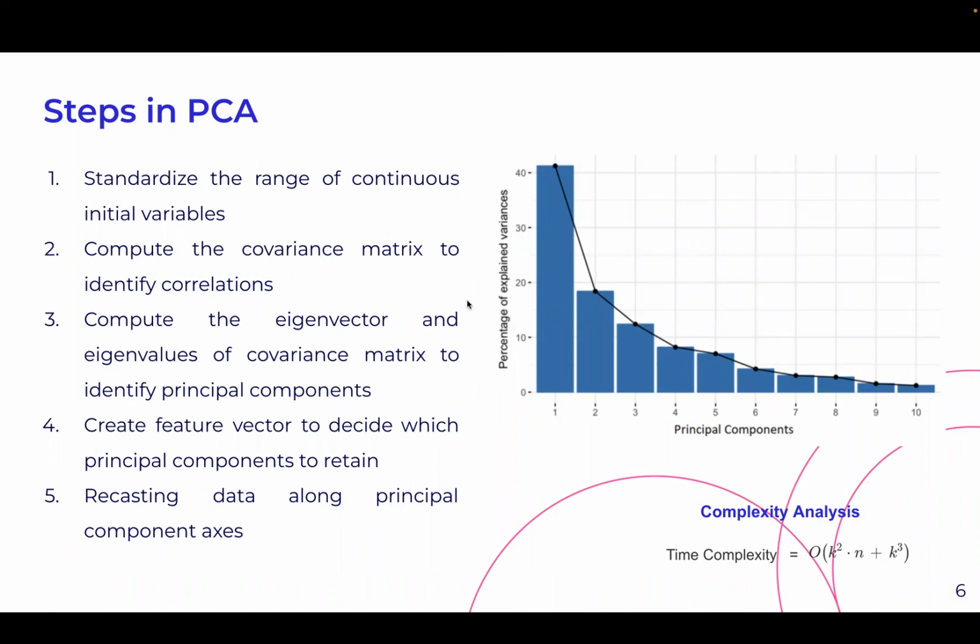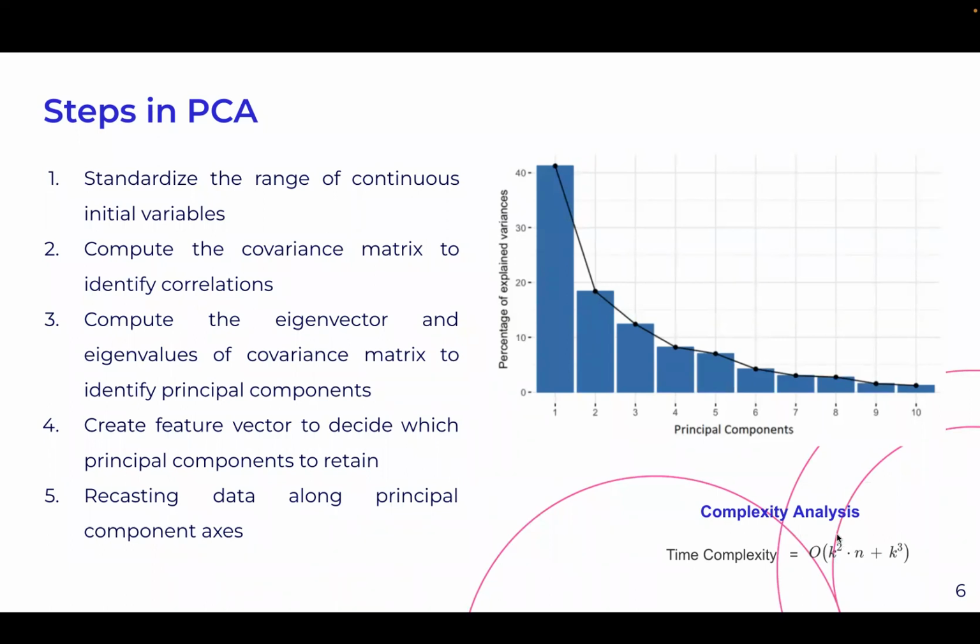We try to move away from PCA because of the time complexity. As the dimension of the matrix increases, the time complexity is very huge. You can see it is quadratic. No, it is cubic. Here it is k squared n, supposing you are calculating PCA for a k by n dimensional matrix.